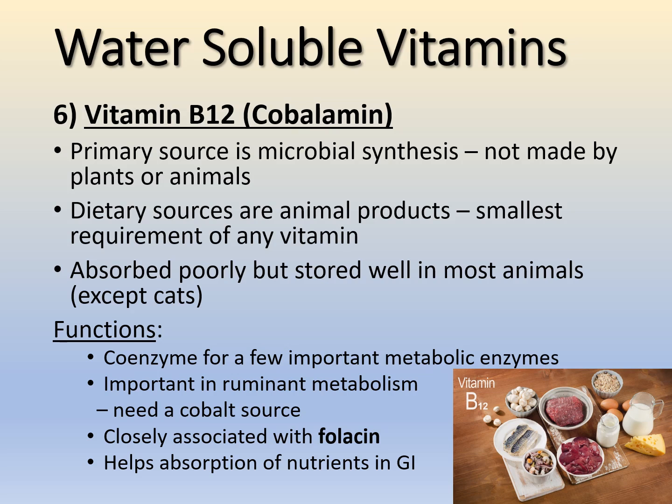So what is the function of B12? It's a coenzyme, just like we've been talking about. A lot of these vitamins are coenzymes, and it's for a very few very important metabolic enzymes and metabolic activities.